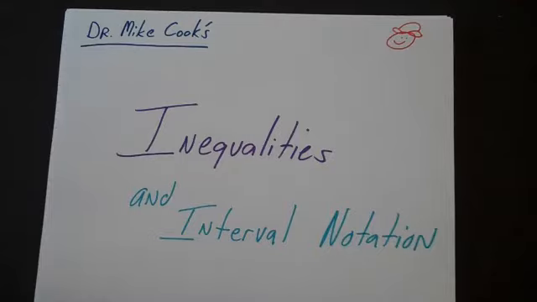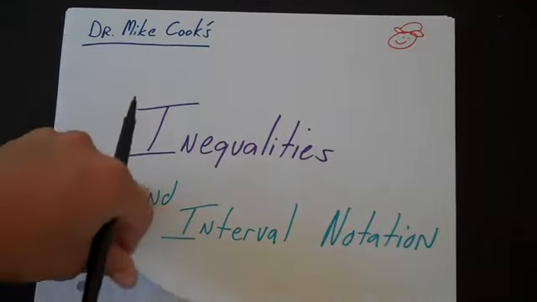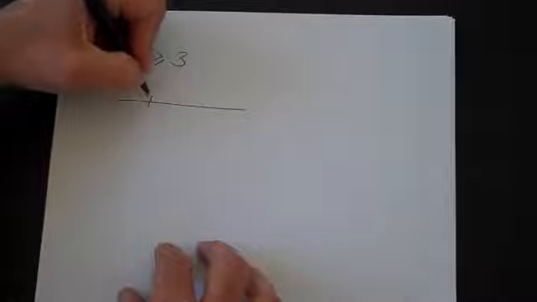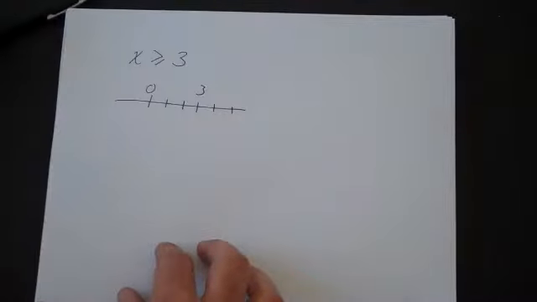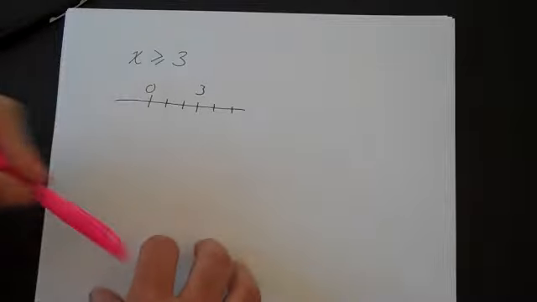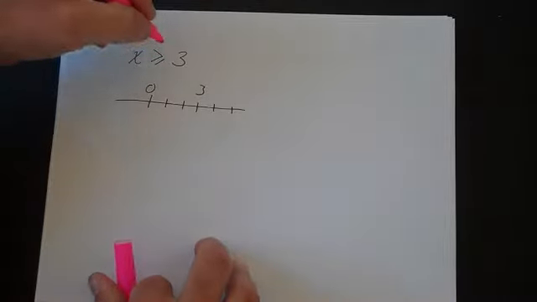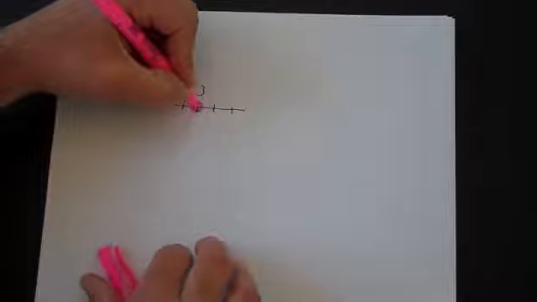Now let's look at inequalities and interval notation. When we're talking about interval notation, the first thing we have to think about is the difference between greater than and strictly greater than. So if you look at x is greater than or equal to 3, 0, 1, 2, 3, that suggests it's all numbers which are 3 or greater than 3.